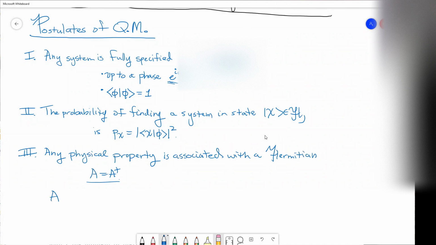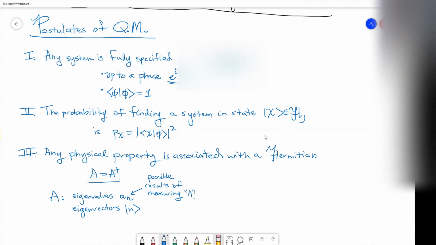This is the spectral decomposition theorem that we talked about. A has some eigenvalues, a_n, and eigenvectors, n. And these guys will be the results of the measurements. It's the possible results, right, of measuring that property. Put A in quotes.